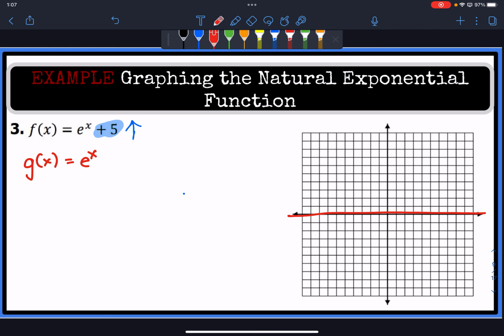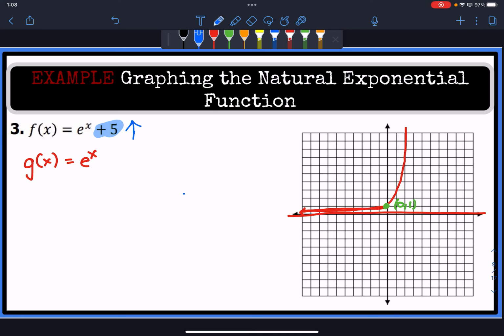It's going to cross the y-axis at 0, 1. We're just going to draw a general curve of what that should look like. It's not going to be accurate because we're only using this one point here. But this one point at 0, 1, we know for sure is going to be the same regardless of what the base is. Whether the base is e, 5, 2, 1/2, we know we're going to cross the y-axis there.